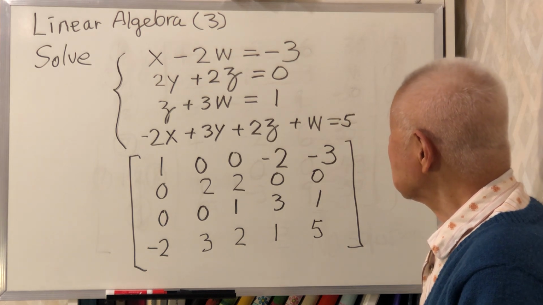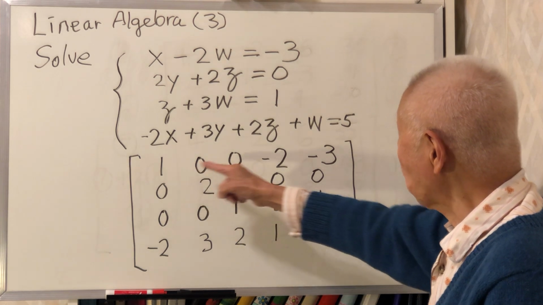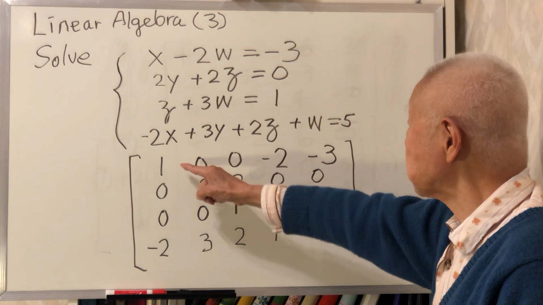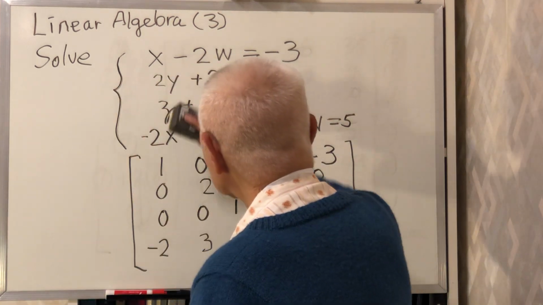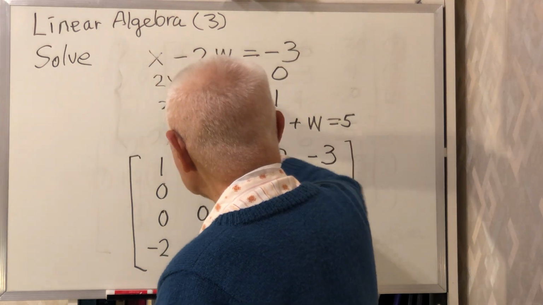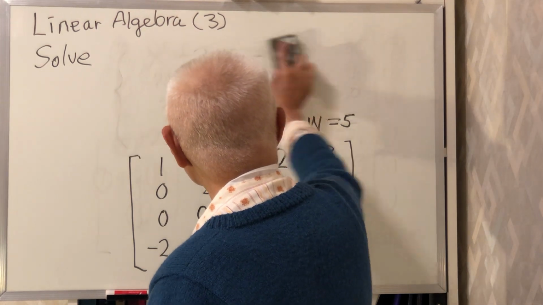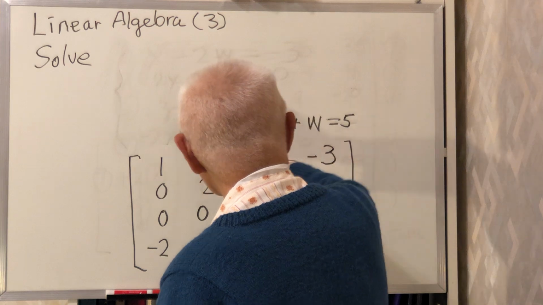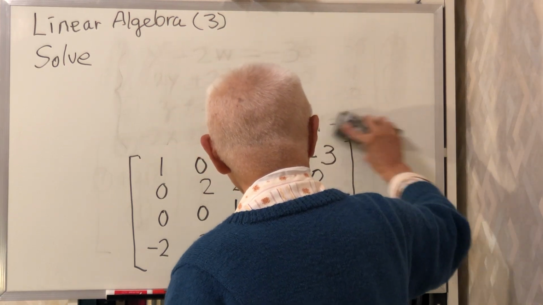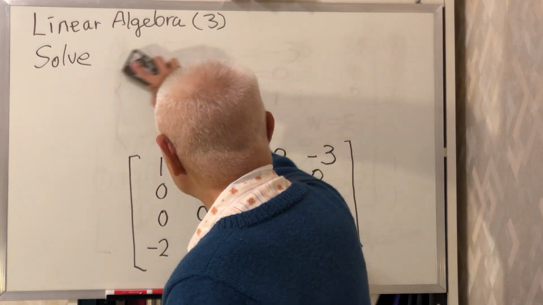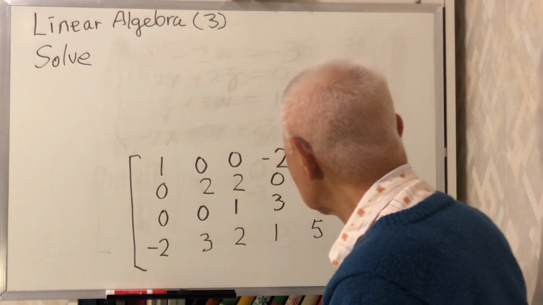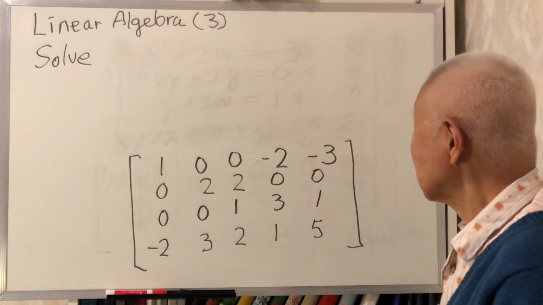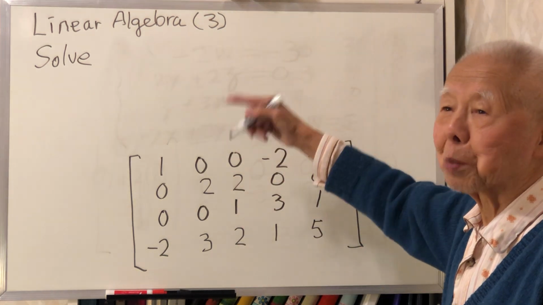So I can keep this row 1 because I want to start with 1. So I erase this. My whiteboard is too small.